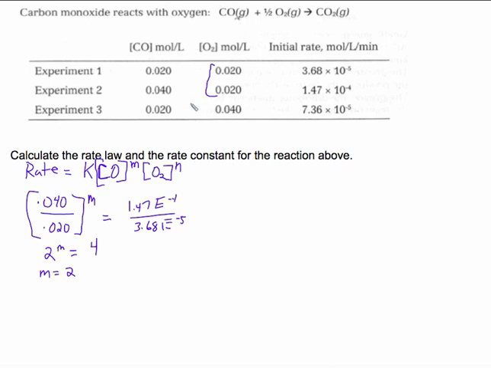All right, now we're going to do the same thing for O2. We find where we have experiment 1 and experiment 3, where the CO is kept constant and the O2 is varied. Once again, for O2, I'm going to take the big number, which is experiment 3, 0.040, and divide that by experiment number 1, 0.020.